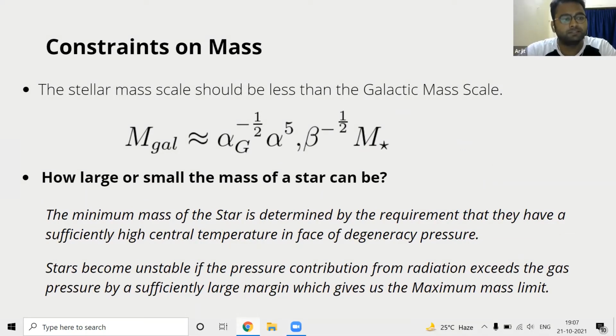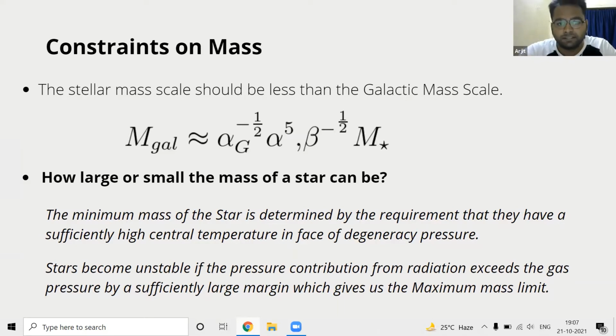We start with the mass constraint of the star. We discuss how big a star can be and how small. We define the limits of the stars, the mass of it, basically. So we first argue that the stellar mass should be less than the galactic mass scale.